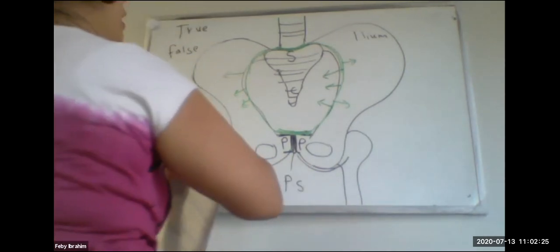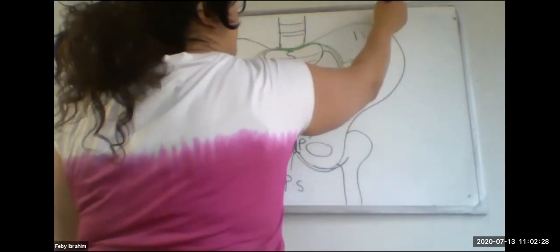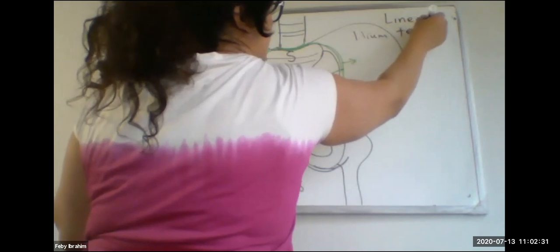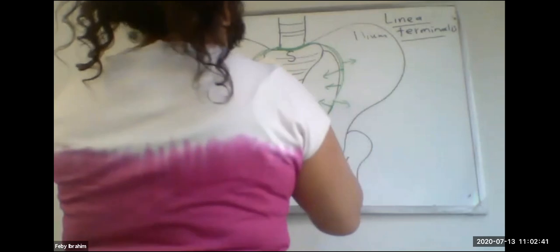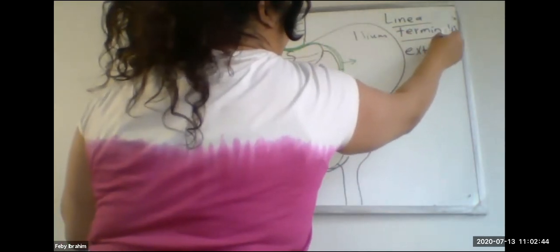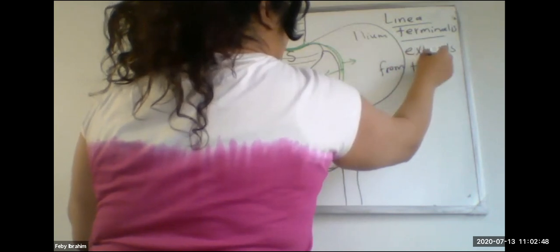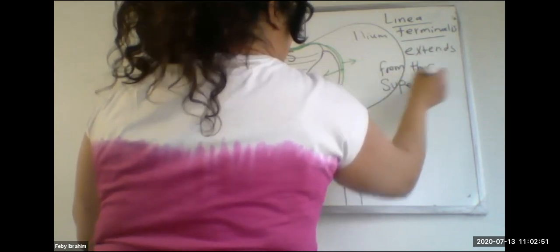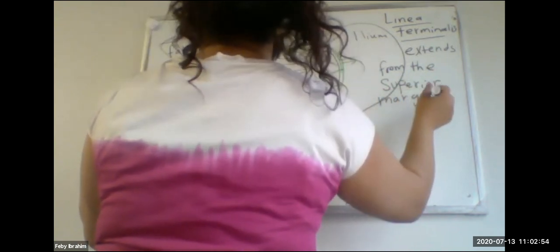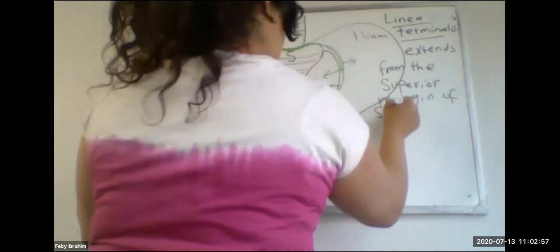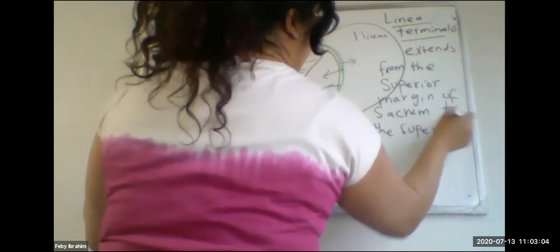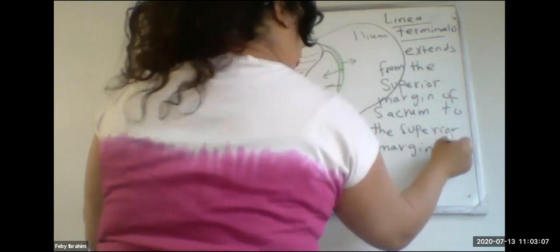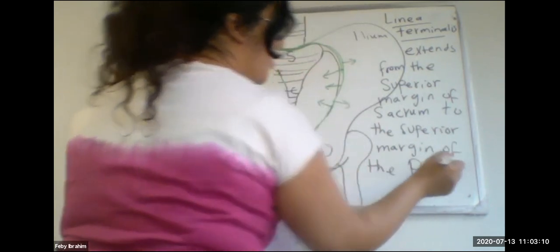The iliopectineal line, the linea terminalis, extends from the superior margin of the sacrum to the superior margin of the pubic symphysis.